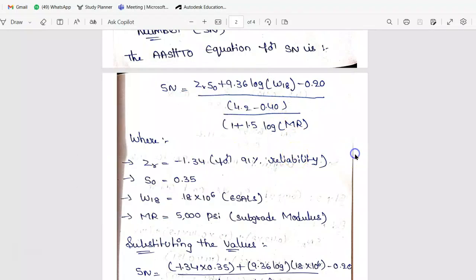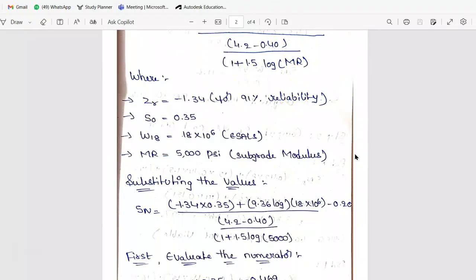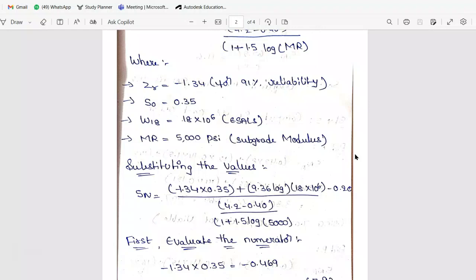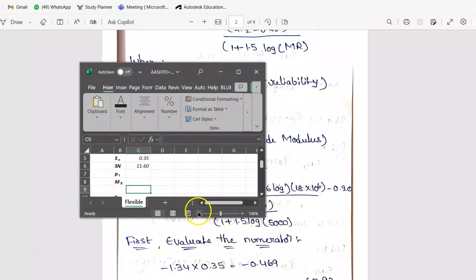We have the values of Sn, MR equals 5000, and ZR equals minus 1.34.